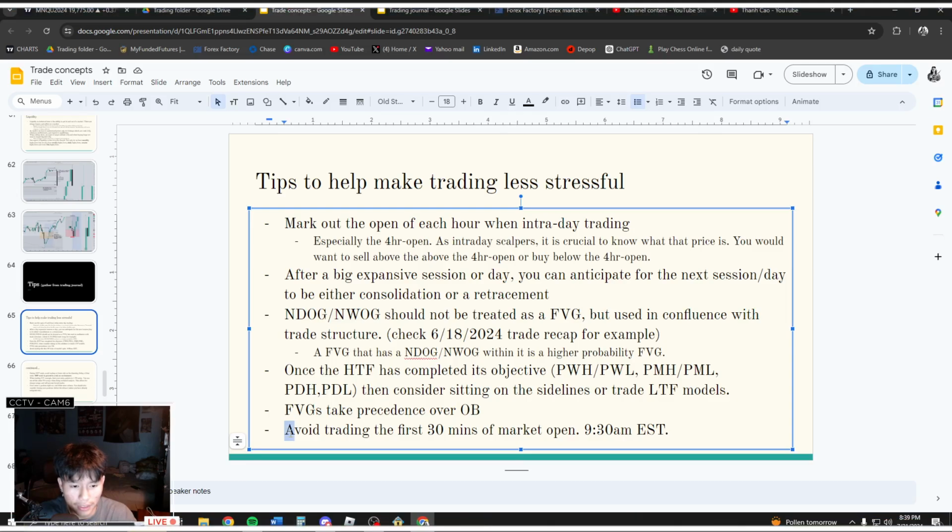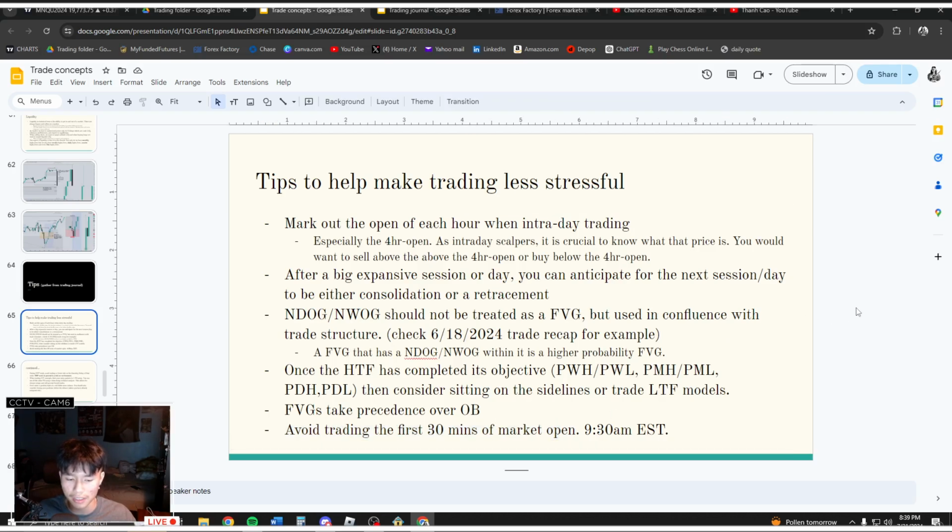And for me, this is a personal thing, but I always avoid trading the first 30 minutes of the market open. I feel like those first 30 minutes are very volatile. People are really trying to make their money quick and go back to sleep or whatever they want. But I have avoided a lot of trades and losing trades just by avoiding the first 30 minutes, because as traders, you want to be in and out of the market.